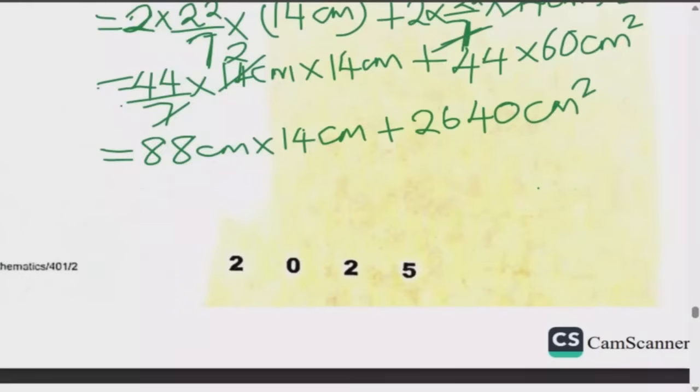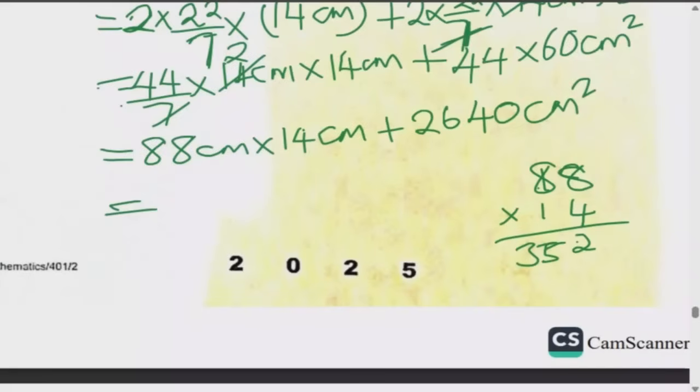Since I've gotten the answer, the next thing we do is 88 times 14. So we do the same. 88 times 14: 4 times 8 will give us 32. So I'm going to write 2, carry 3, then 4 times 8 is 32 plus 3, 35. So we have 352, then we have 0, then we have 8 there, and then 80.